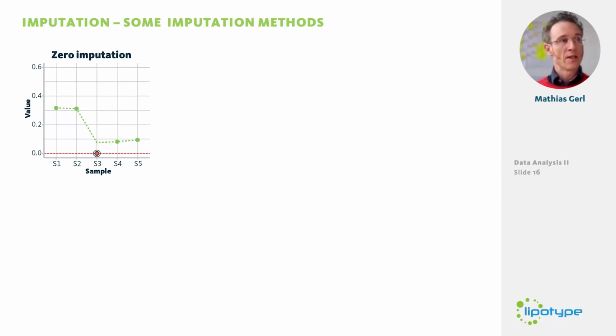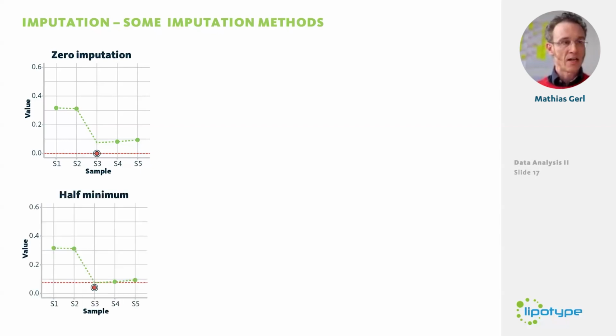Another problem is that all your missing values are replaced with the same value, which is kind of unnatural and doesn't have the natural variation you usually have for your values.